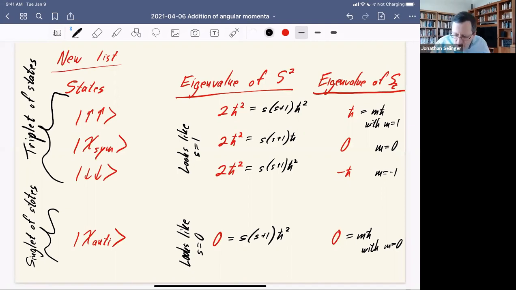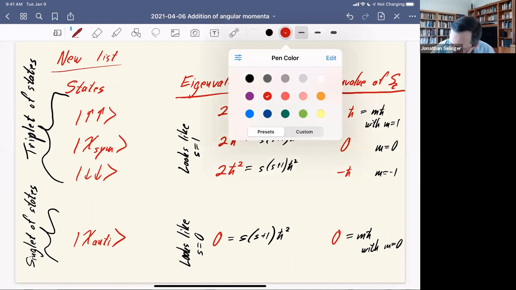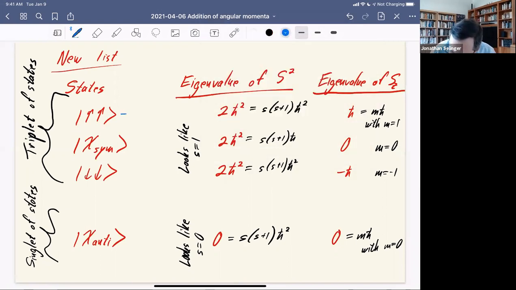And so then we can say that the combined state, I'll write it in another color, we could interpret this as S equals 1, M equals 1. And this state is S equals 1, M equals 0.